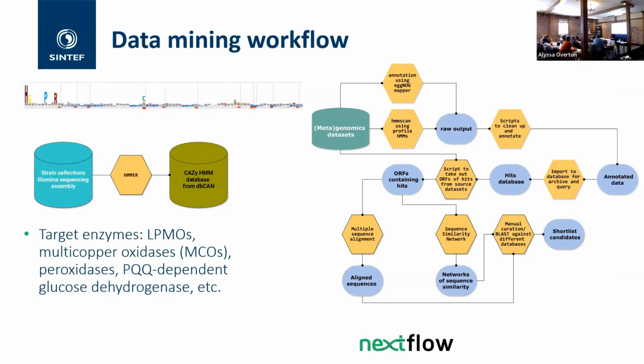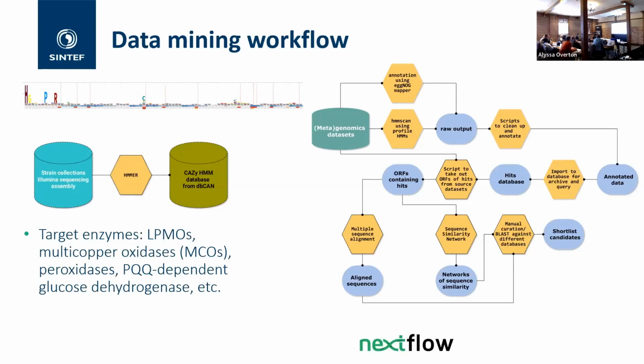So the workflow is more or less the same as other groups. We start with the dataset and use hmmscan. Basically, our workflow is based on the one developed by the dbCAN group. We have the raw output from the HMM. Later we are trying to use eggNOG-mapper also to do the annotation.